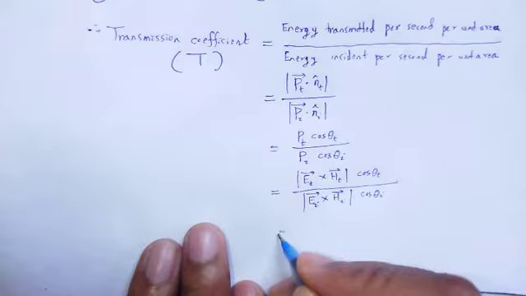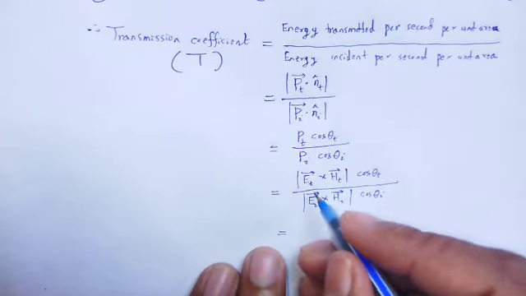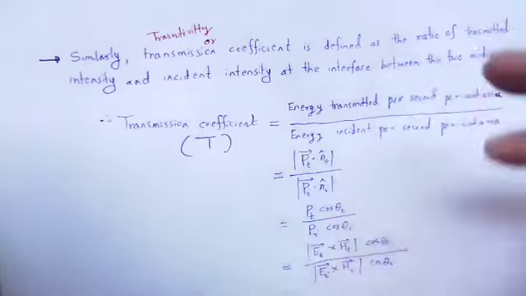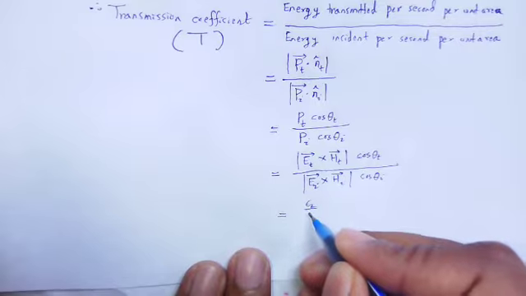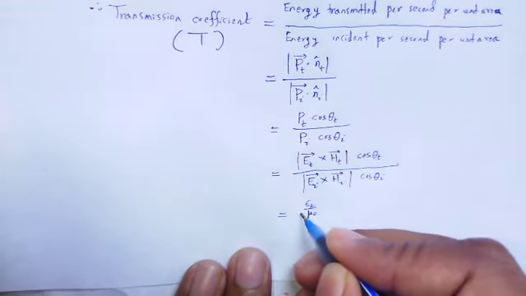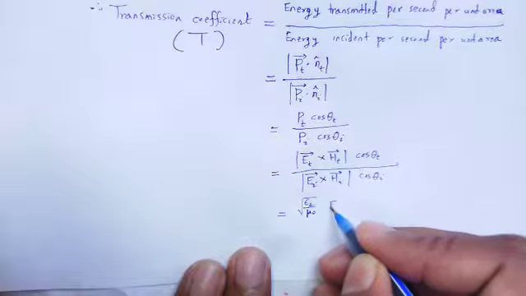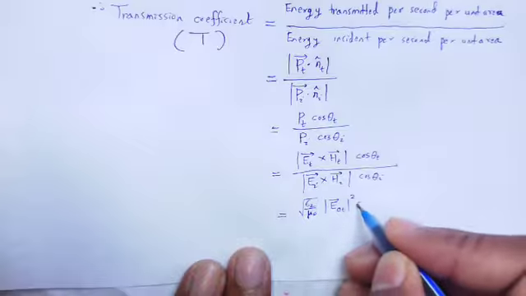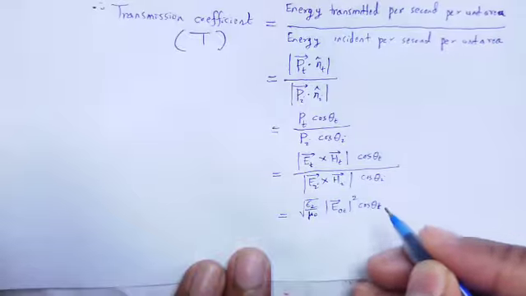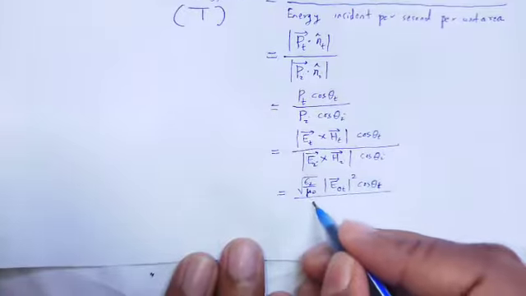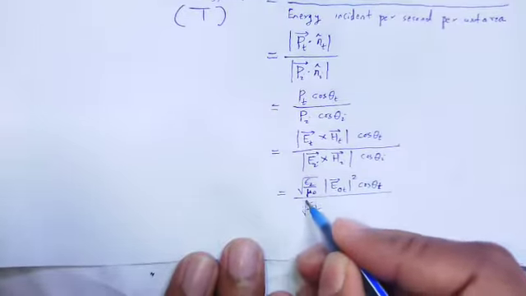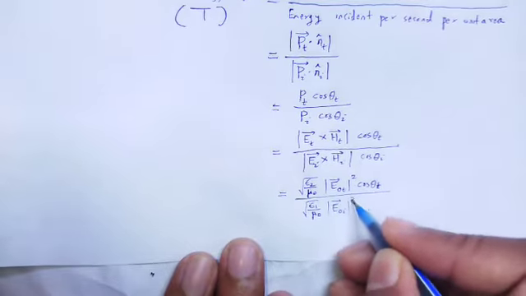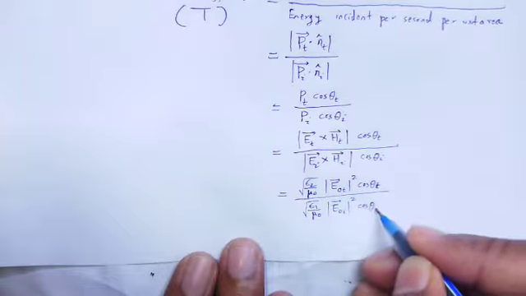The values are put in its magnitude. Similarly, we write square root of epsilon 2 by mu naught, E0T magnitude squared cos theta t divided by square root of epsilon 1 by mu naught, E0I magnitude squared cos theta i.